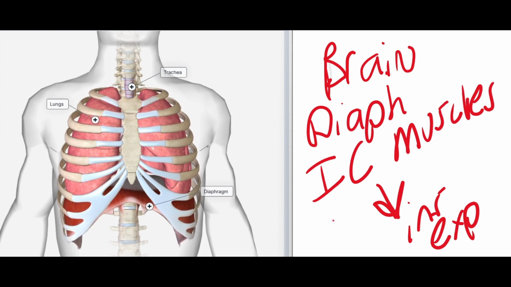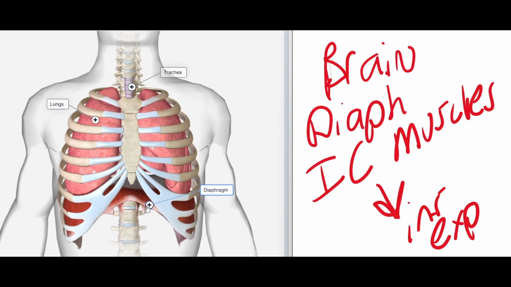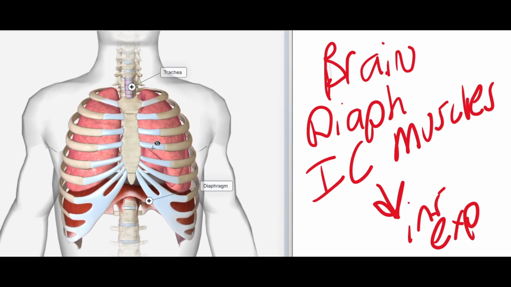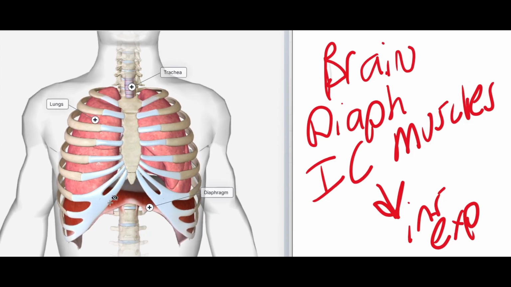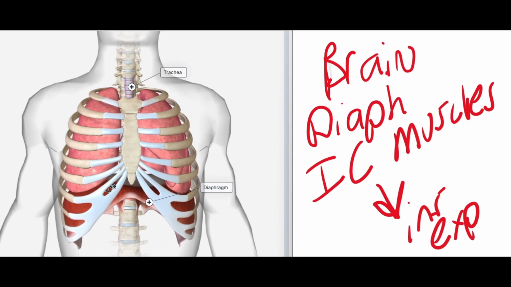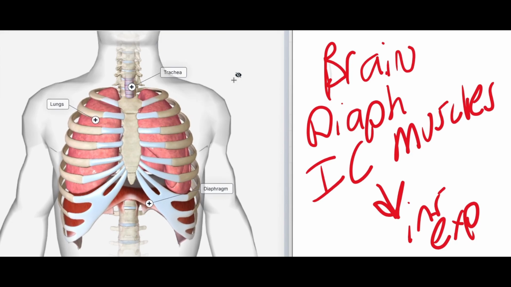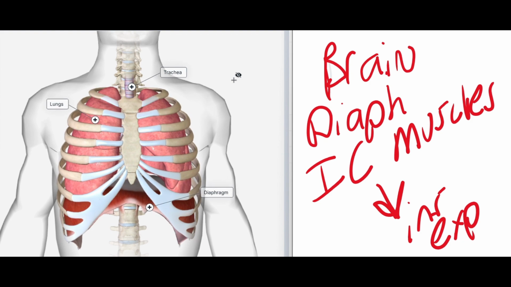Air rushes in. Gas exchange takes place at the alveoli. The diaphragm then relaxes and comes back up. The intercostal muscles relax, chest comes back down, creates positive pressure, which then forces the air out of the body. Passive, as long as there are no issues with any type of obstructions.